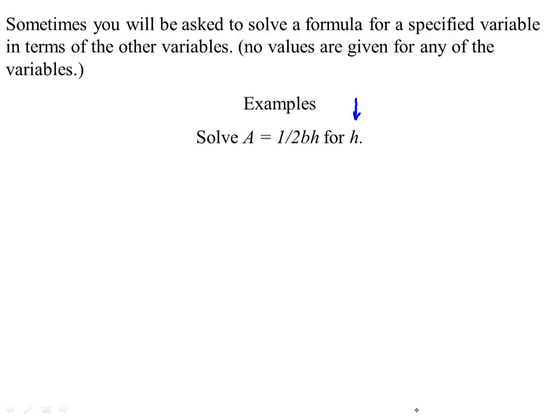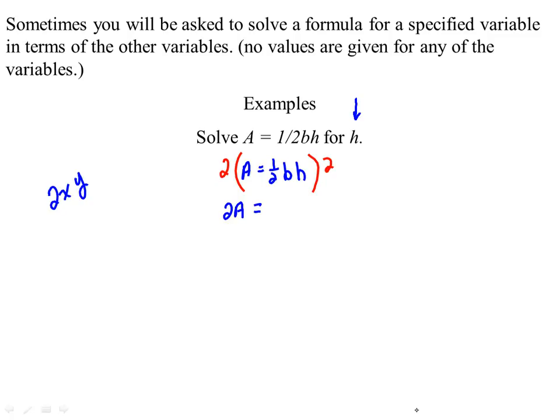So if we take this and we have a certain area, area is equal to 1/2 base times height. And I need to get h by itself. That's straight multiplication. First thing you want to do is get rid of what? That stinking fraction. How do you get rid of the 1/2? You're going to multiply by 2 over 1. Well, on the left-hand side, 2 times a is 2a. Now, on the right-hand side, this is where it gets tricky. That is one straight product. You may as well be looking at 2xy.